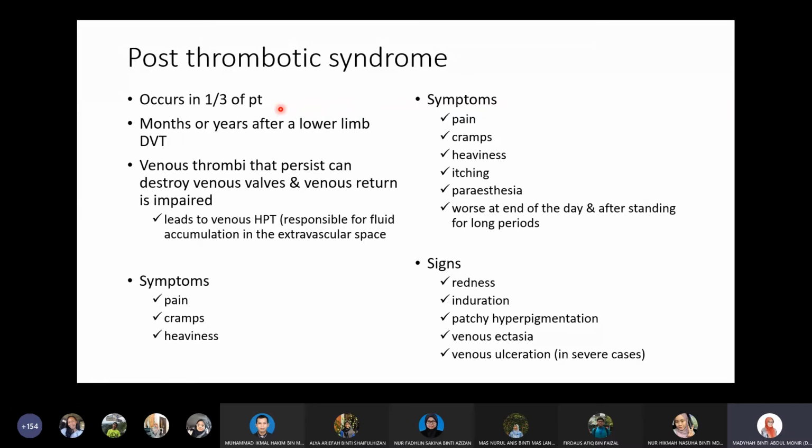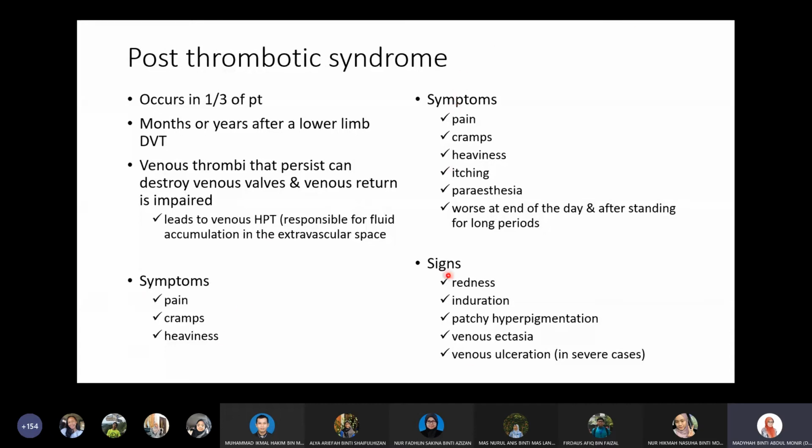What happens is the venous thrombi persist, and when they persist, they destroy the valve, and this will cause impaired venous return. When this happens, it will lead to venous hypertension, and this will cause fluid accumulation in the extravascular space.